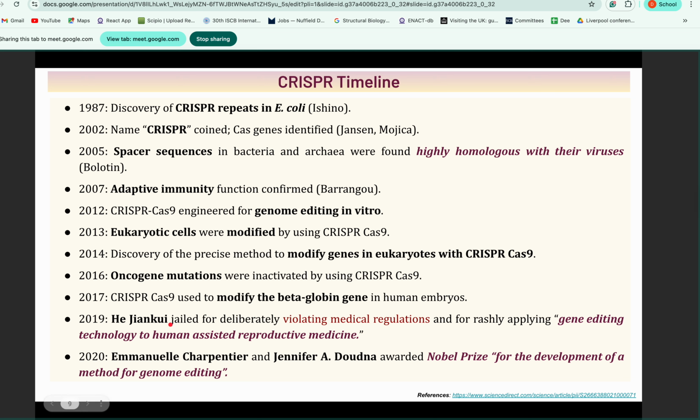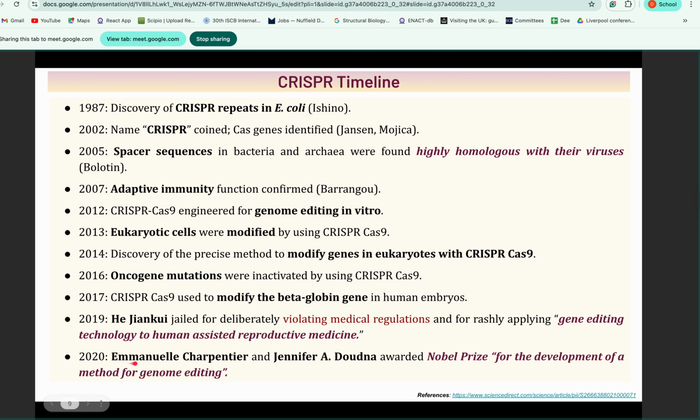So He Jiankui was jailed because he rashly applied those gene editing technologies without following the rules and regulations. So this thing we always need to keep in mind: these techniques, although they exist, we still need to follow some rules. We cannot directly go and edit everything, or directly test it on human samples or human organisms. So there are some rules.